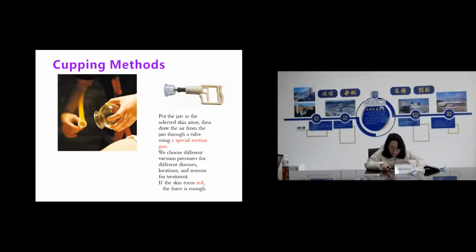Here's another therapy, the cupping method. We use fire cupping and air drawing cupping. Put the jar on the skin, then draw the air, or ignite the alcohol cotton ball inside the jar and put the jar on the skin.